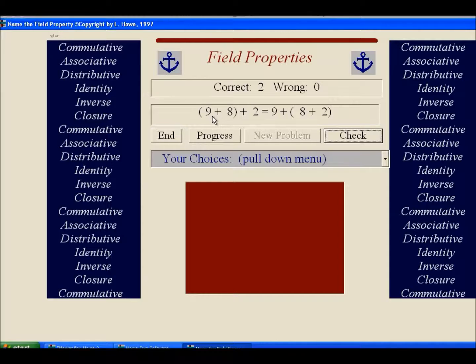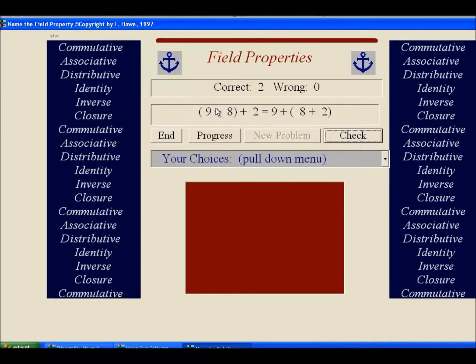So what this is saying is that if you're going to add three numbers, 9 plus 8 plus 2, it doesn't matter how you associate them with parentheses. If you take the 9 plus 8, that's 17, plus 2 makes 19. If you associate the 8 plus 2 and get the 10 plus 9, that's 19.